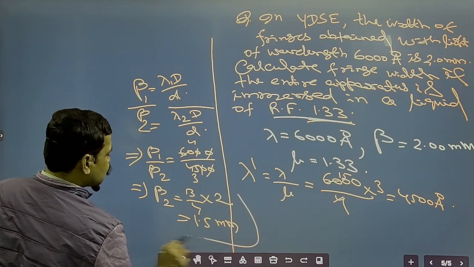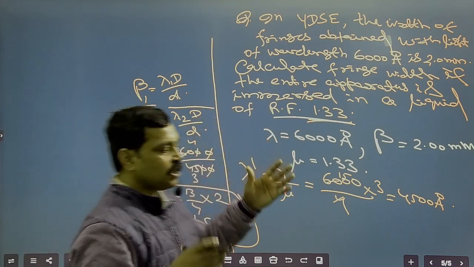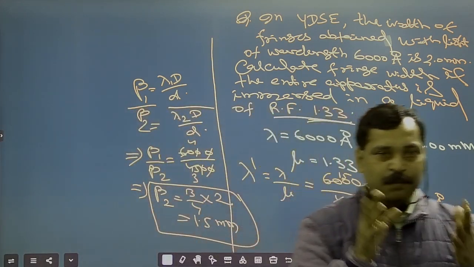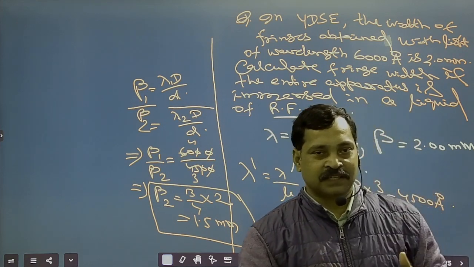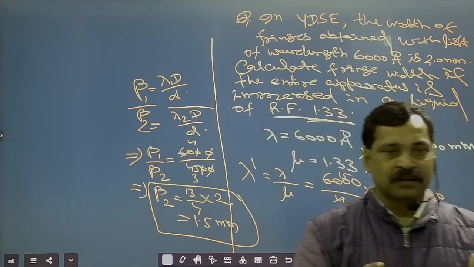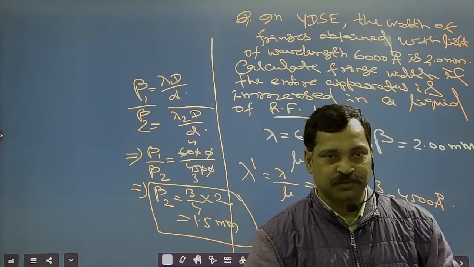So this will be the new fringe width when the total Young's double slit experiment is immersed in a liquid of refractive index 1.33. I think this is clear to you all. This is very important from your exam point of view. Thank you.